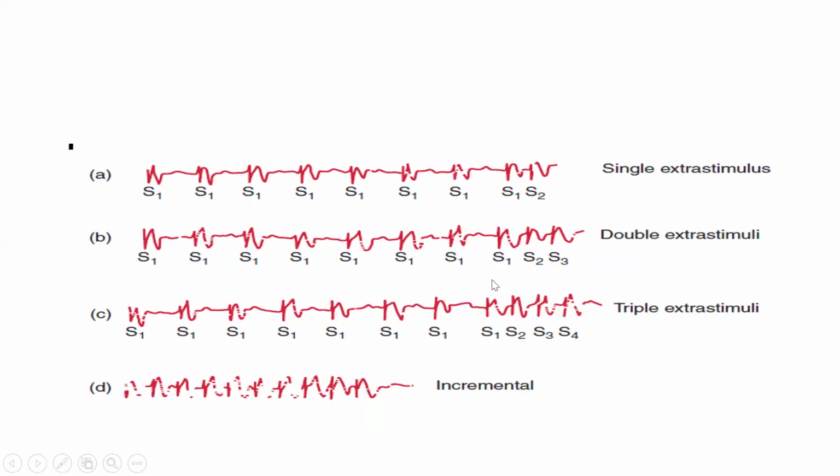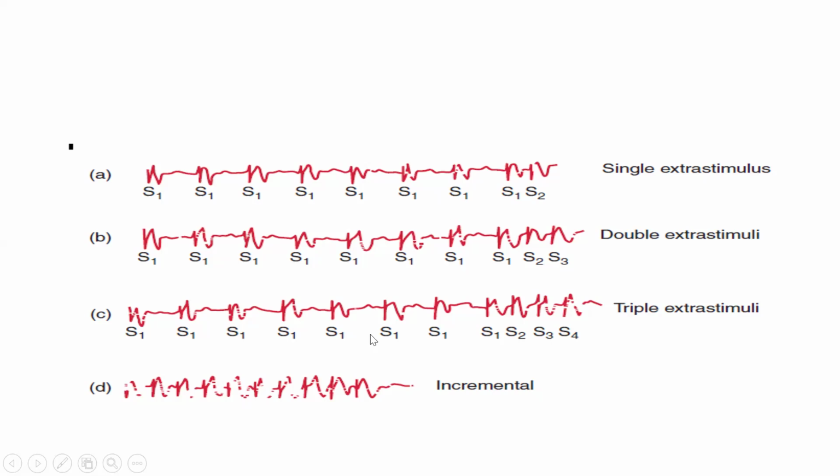Part of what we do in EP is to induce arrhythmias, or check the conducting property of a tissue. And you can only check the conducting property of a tissue by stressing that tissue, pacing it faster than expected. If we are pacing with a single extra impulse, that's an S2. If you add a far shorter one than S2 to the pacing rate, you call it S3. The baseline pacing rate is S1.